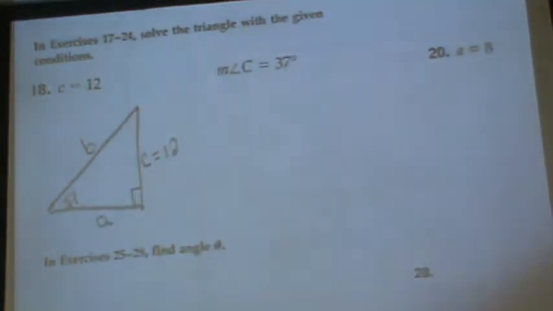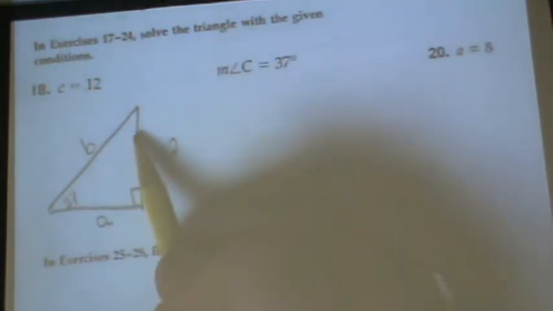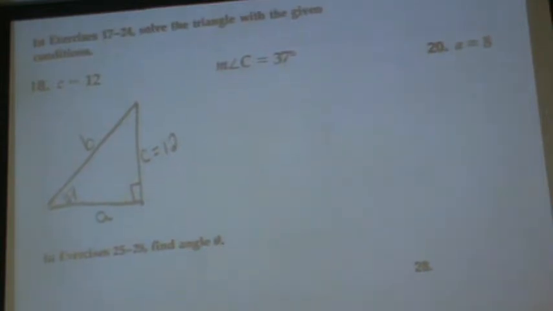So now, if this is angle C, this is side C, and that equals 12, which is given. And then we can call this B and this A. And now we need to solve for our third angle, and we need to solve for A and for B. So our third angle is 90 minus 37, which gives us 53.